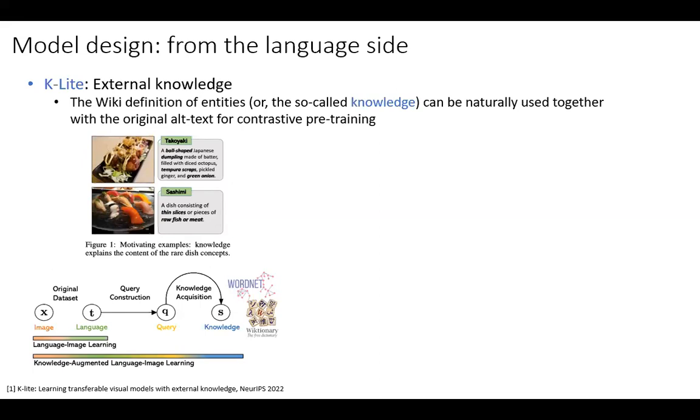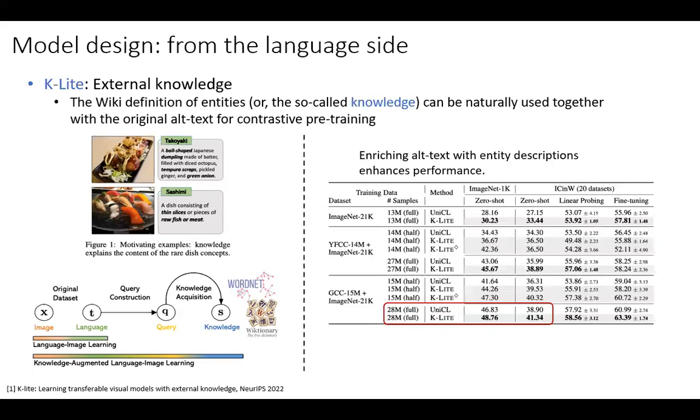Maybe if you are not familiar with Japanese food, you don't know what sashimi is, but if you provide a definition of sashimi, you can still get a sense of what sashimi means from its definition. So if you enhance your language input with such data, it can help you learn a better CLIP model. And actually, in the small-scale setting, the authors have shown that enriching alt text with entity descriptions can enhance the performance.